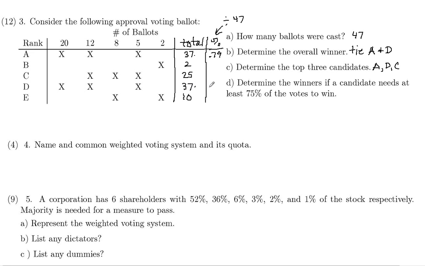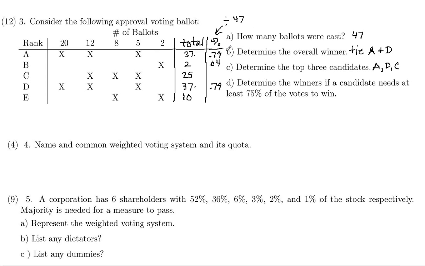So this will also be a 0.79. 2 divided by 47 is not going to be enough. Yeah, it's a 0.04, 4%. 25 divided by 37. I'm sorry, divided by 47.